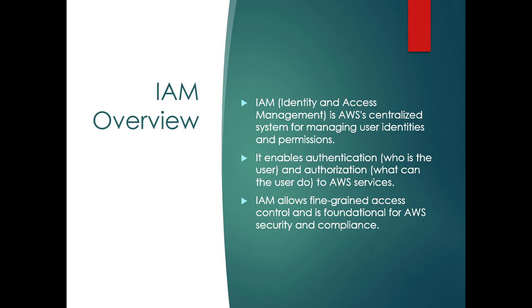For example, when you create a user named Dave and assign permissions so that Dave can only access the EC2 service, not S3, not RDS, then IAM is in action, securing your cloud environment through precise access control that allows a particular user, Dave, to access only the EC2 service.